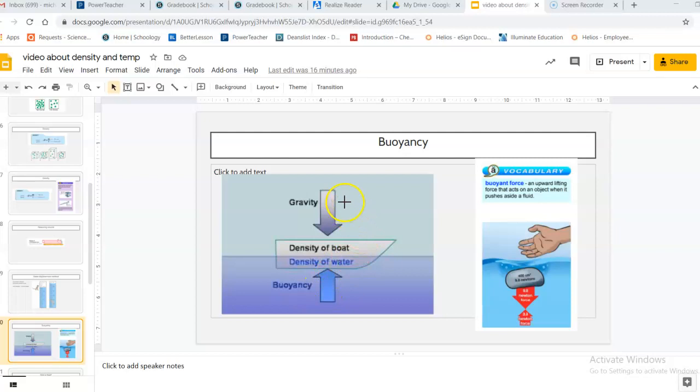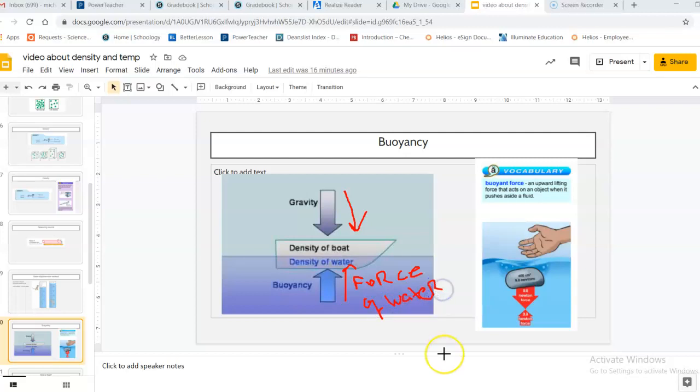Because there are two forces playing here. One is gravity, that's pushing everything down. The other one is buoyancy, which is the force exerted by the water. I just put force of water. Because for the water to be displaced, it requires work.